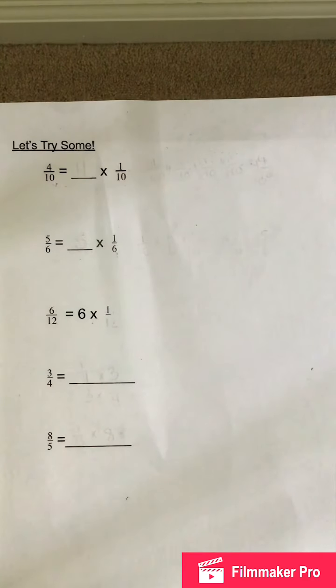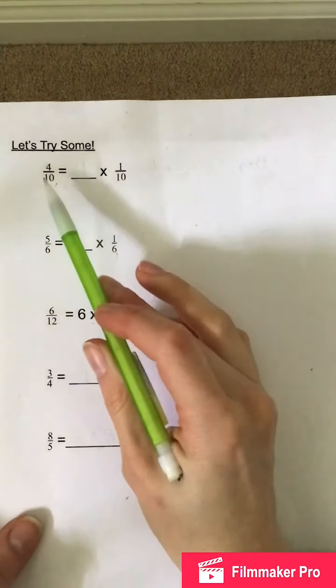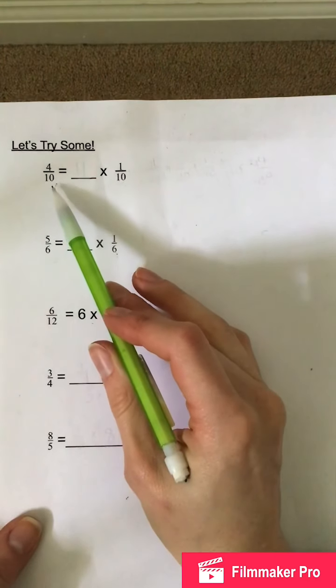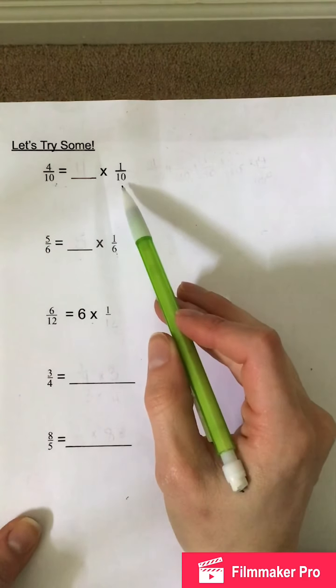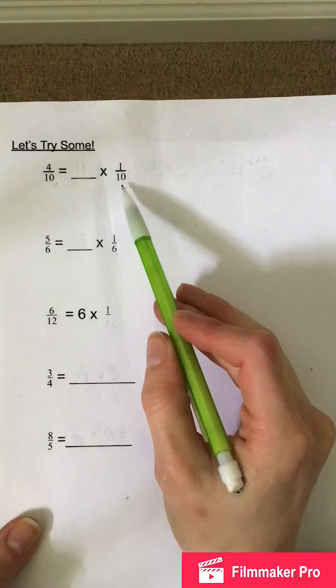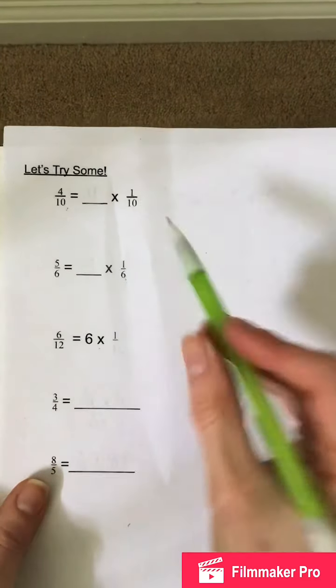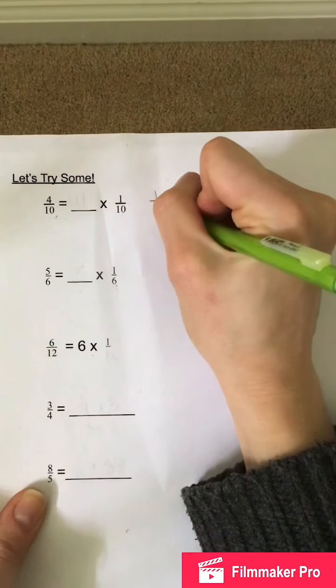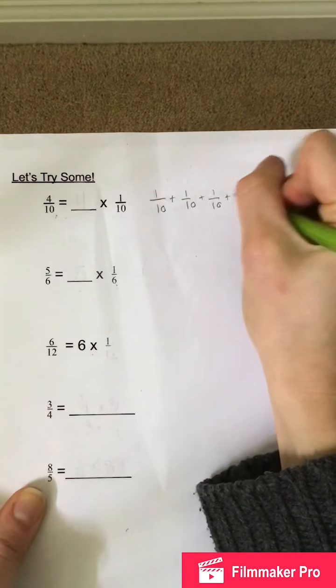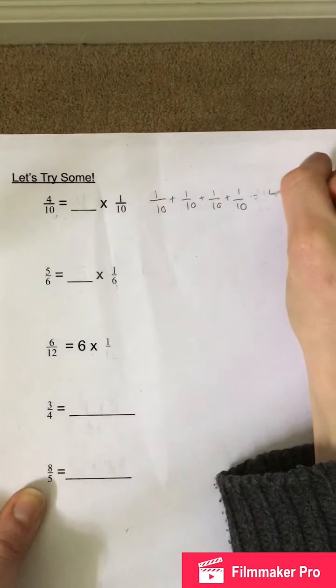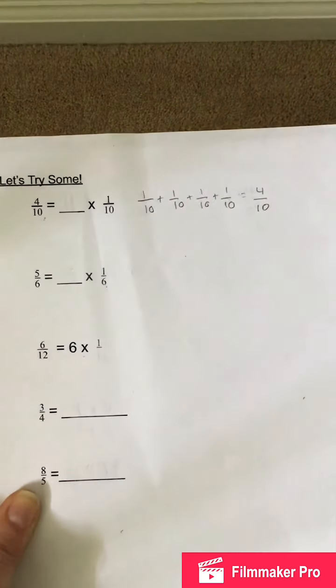Let's put together what we just learned to write fractions as multiples of unit fractions. Here we have 4/10. What we're going to do is pull out our unit fraction, or one part of the whole, which is 1/10. I know that I would have to add 1/10 4 times to get 4/10.